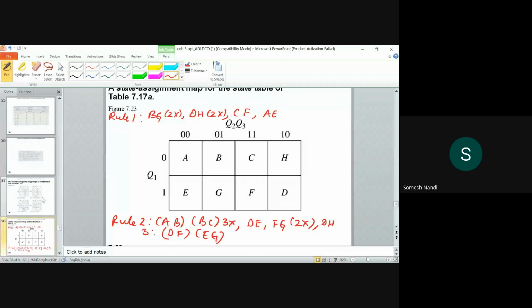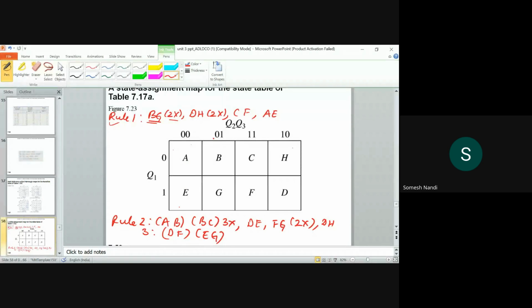Okay. Now, how to get this table? This is one confusion, right? So to start off, actually you have BG with 2 inputs. I told you rule 1 gets the highest priority. But to start off, you all know the meaning of adjacent. They can be vertically adjacent, or horizontally adjacent, or at the corners they could be adjacent. That is when you fold a sheet of paper, this and this are also adjacent, and this corner and this corner are also adjacent. This you all know from K-map.